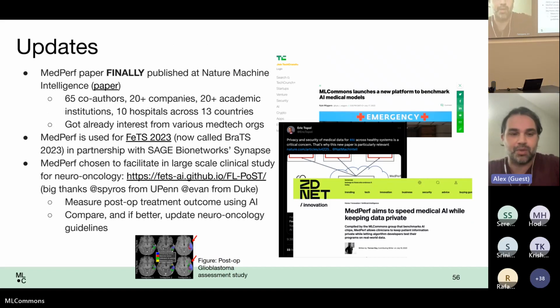So the past 3 months have been quite busy for our group, from technical as well as organizational points of view. Finally, the paper was published in Nature Machine Intelligence this week on July 17th. It has been a very big moment for our group. It's also been a tremendous effort, taking place over the past year and a half. I would like to thank everyone involved in this huge project. This paper would not have been possible without the strong support of MLCommons and organizations like Intel, Nutanix, Dana-Farber, and UPenn.